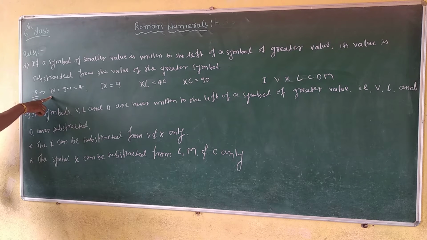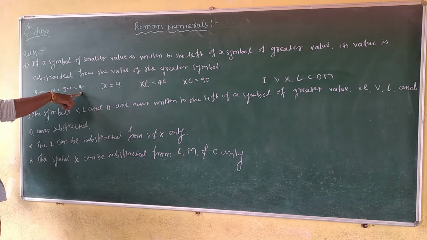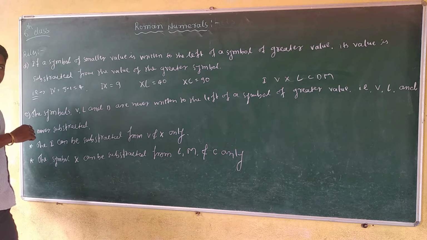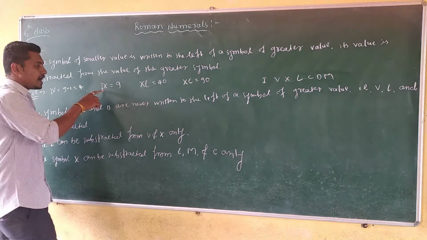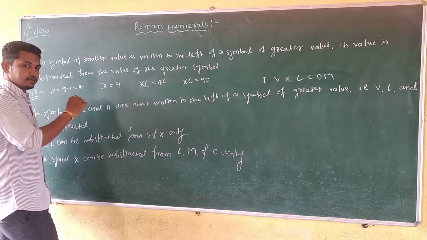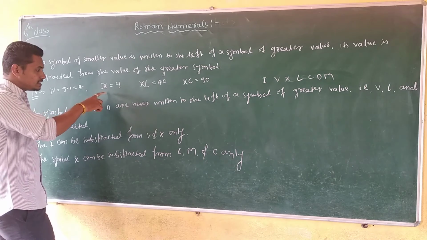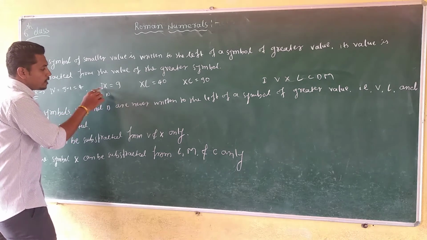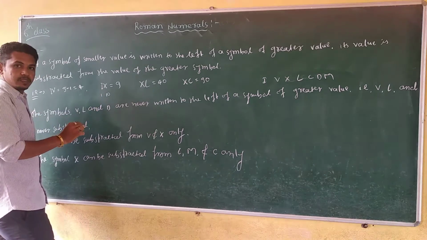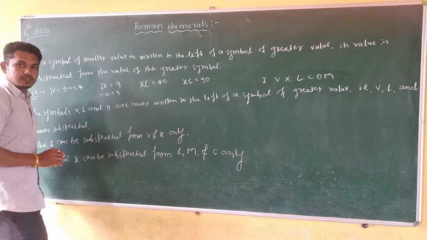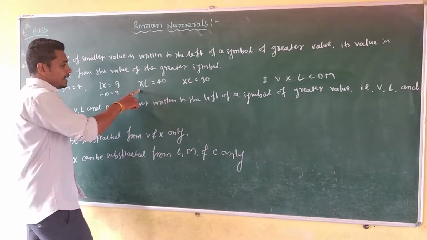For example, IV. I is the value of 1 and V is the value of 5, so 5 minus 1 is equal to 4. So 4 can be written as IV. Next, IX is equal to 9. Here the value of X is 10 and the value of I is 1, so subtracting gives 9. Next, XL.